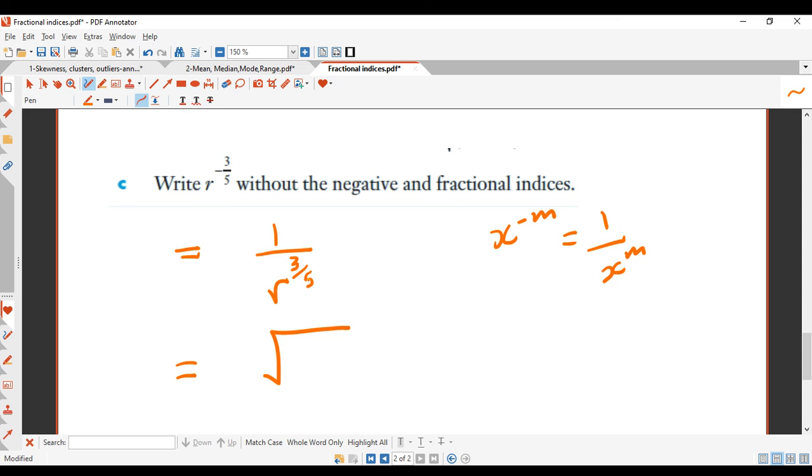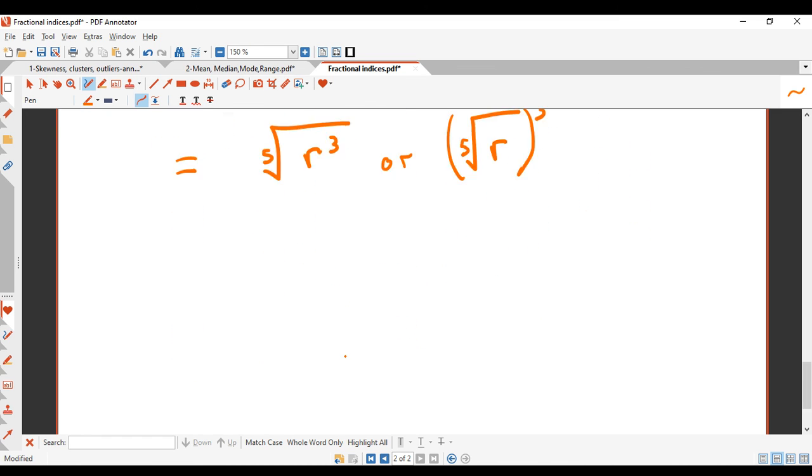So now the denominator always is that little number out the front, so it's the 5th root of r cubed. Or you could write it in this fashion: the 5th root of r all to the power of 3. And that is the examples.